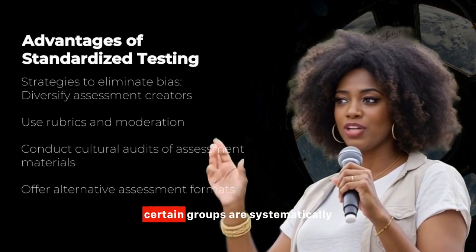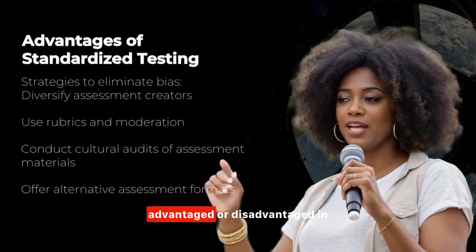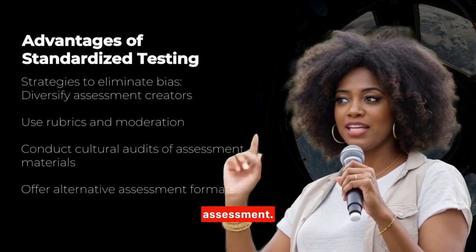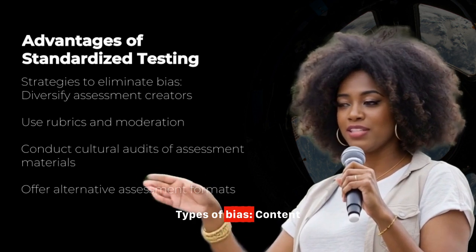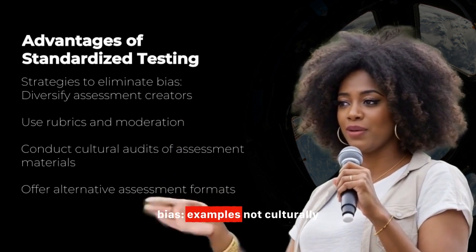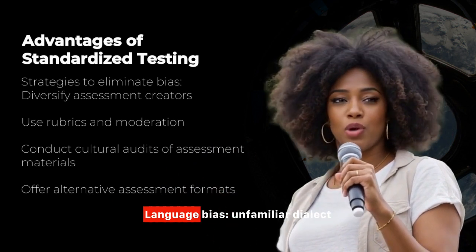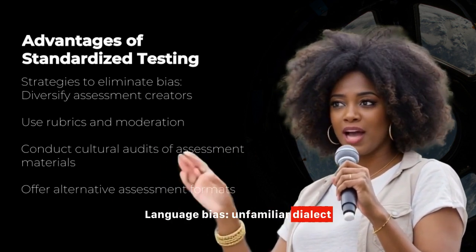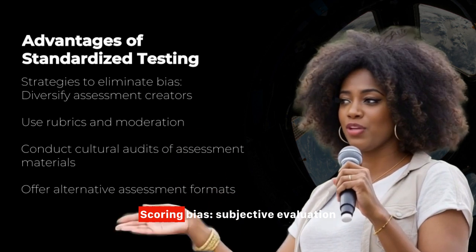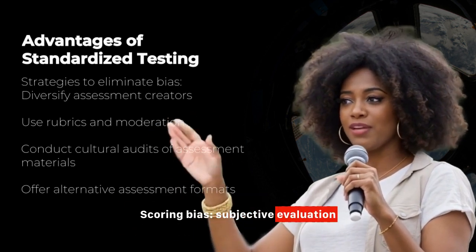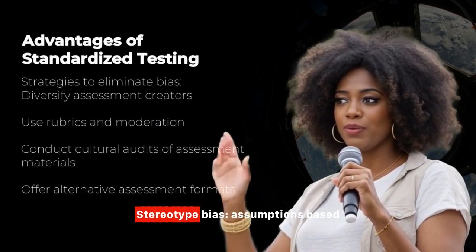Bias and discrimination in assessment. Bias occurs when certain groups are systematically advantaged or disadvantaged in assessment. Types of bias. Content bias: examples not culturally representative. Language bias: unfamiliar dialect or jargon. Scoring bias: subjective evaluation without a rubric.